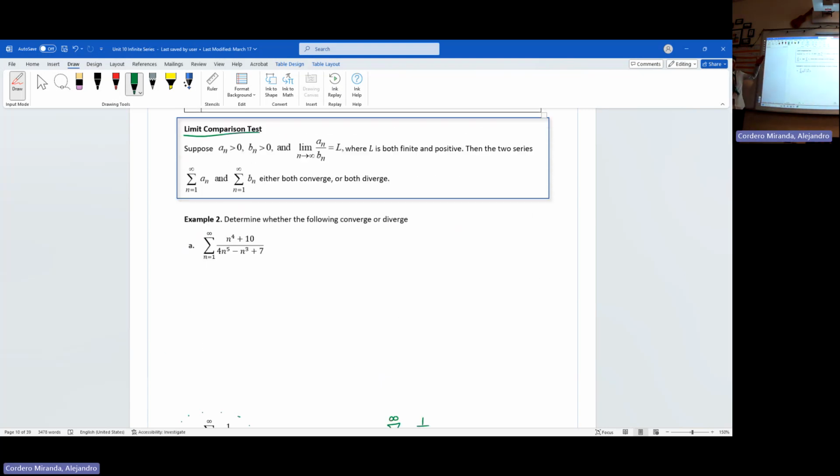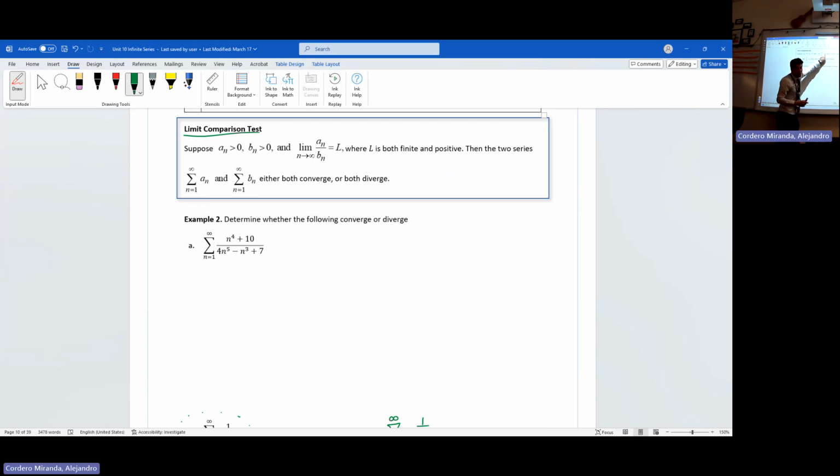Limit comparison test: when you can't use the direct comparison test, use this limit comparison. What the limit comparison test does is something kind of weird. This one you would not have thought of by yourself. It says take your series and the series you're comparing it to, divide the two, and take the limit to infinity. Even that is weird, but that's what you do.